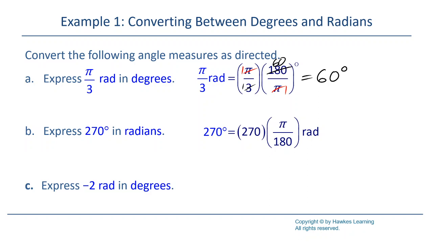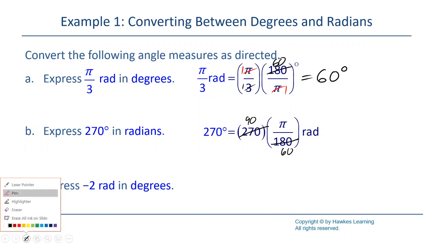Now this time pi doesn't cancel with anything. But 180, so let's see, 3 would go into 18 6 times. So it's going to go into 180 60 times. And then it's going to go into 270 90 times.